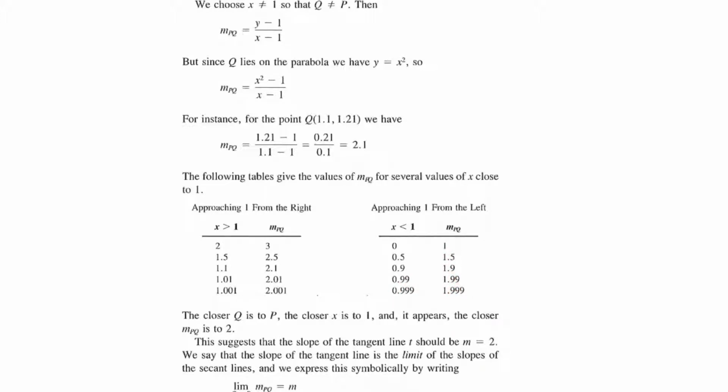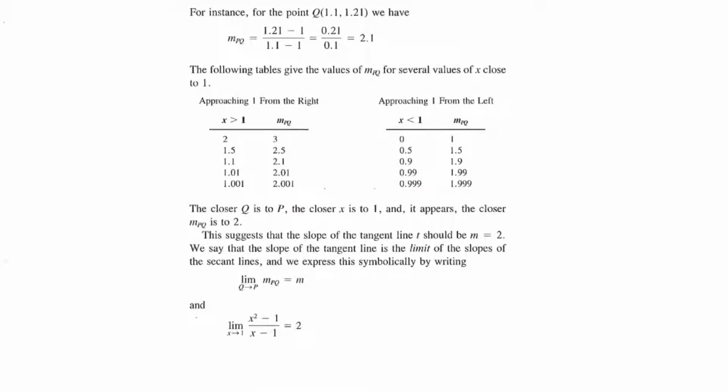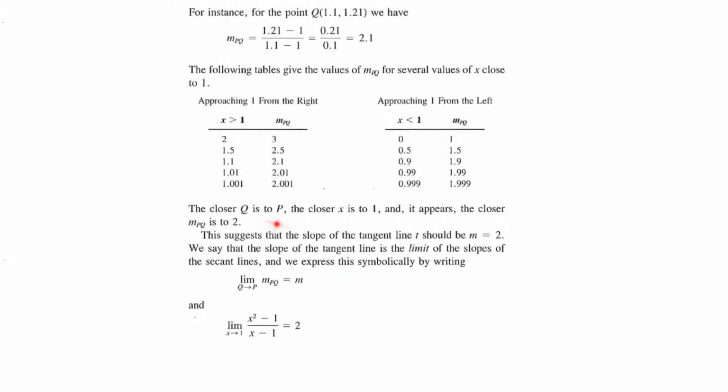As you see, whether x approaches 1, that means x is getting close to 1, when x is bigger than 1, or when x is smaller than 1, the slope is going to be near 2. The closer Q is to P, the closer x is to 1, and the closer the slope is to 2.